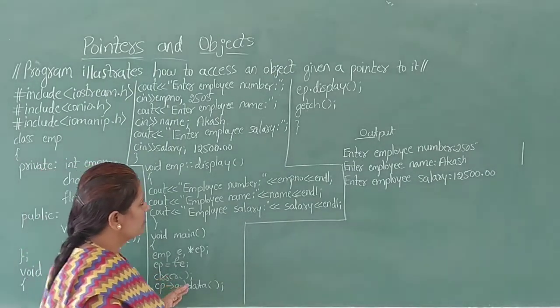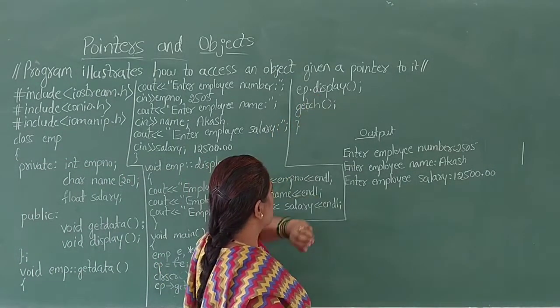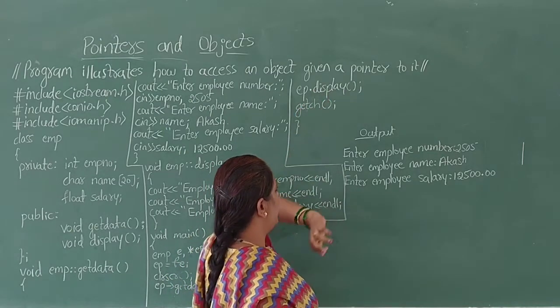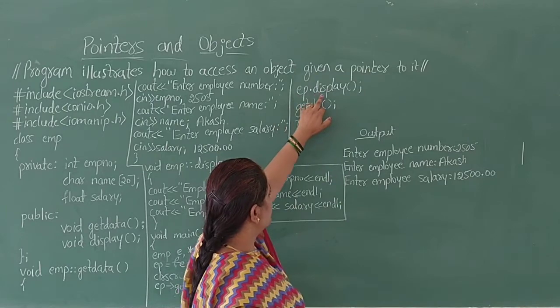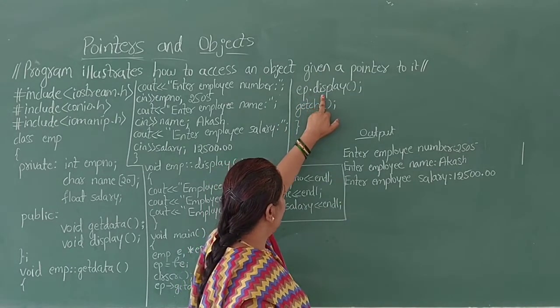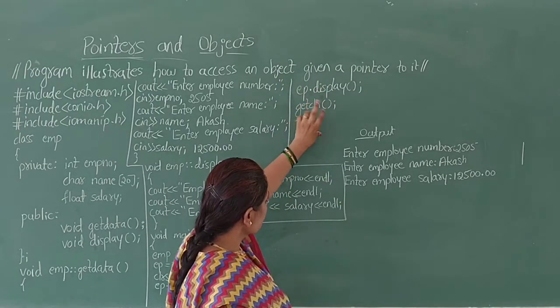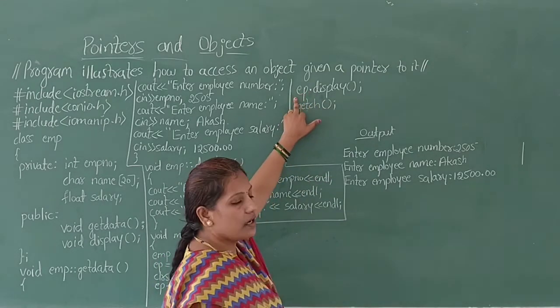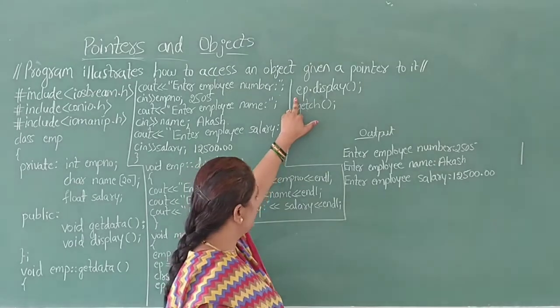Then the next executable statement is ep arrow display. Okay, here display is a member function which is going to be executed using the arrow operator and object pointer ep.